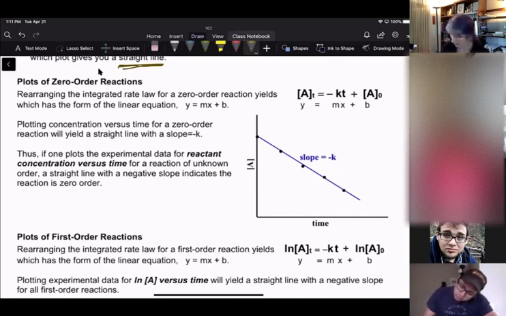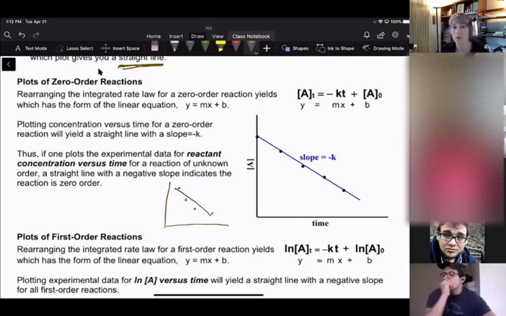Rather than, sometimes we'll see one that looks like this. You'll have your line. They may be really close to the line, but it may be a better fit to a linear or log version. Okay, so in this case, we're going to plot concentration versus time.